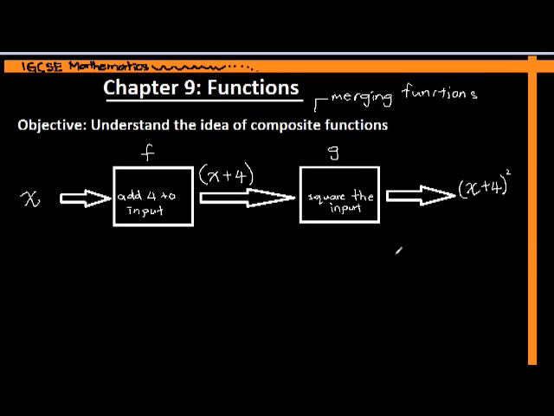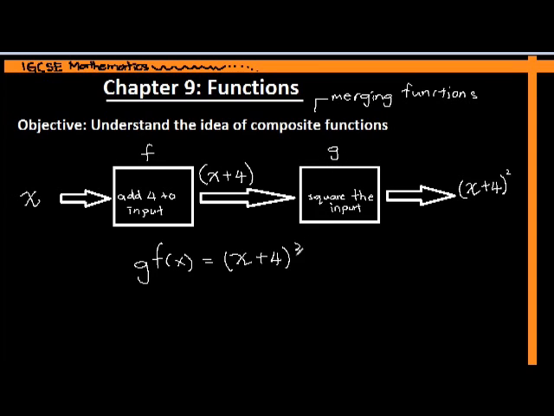This whole process is called the composition of functions, and mathematically it can be written as g(f(x)) equals (x plus 4) squared. And all students must take note that during the process, function f comes first, then followed by function g.